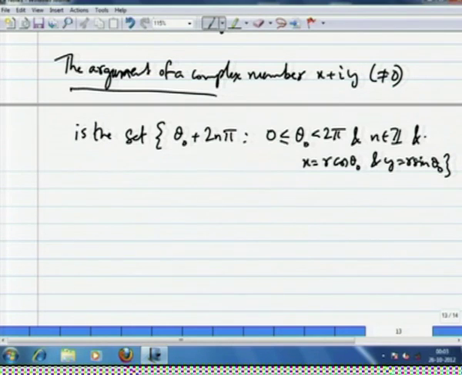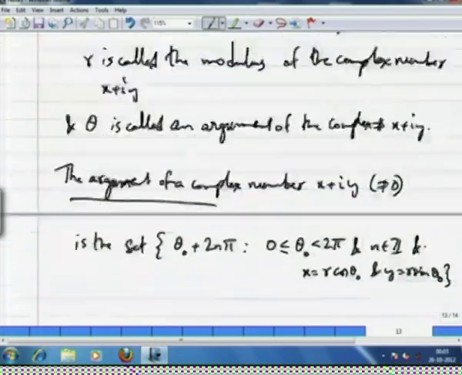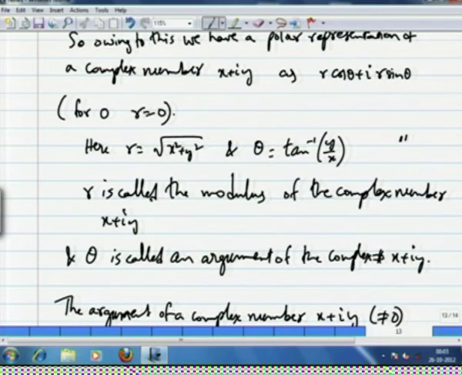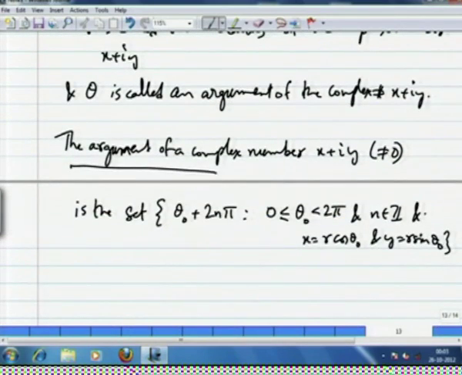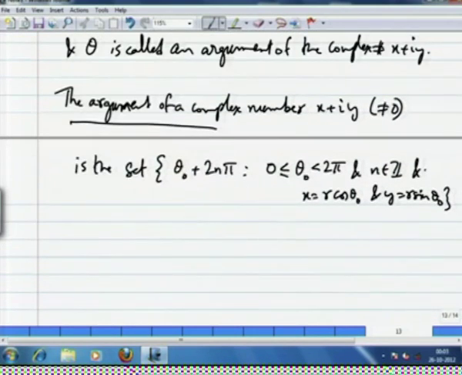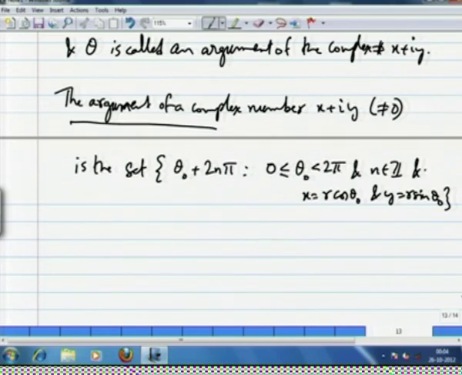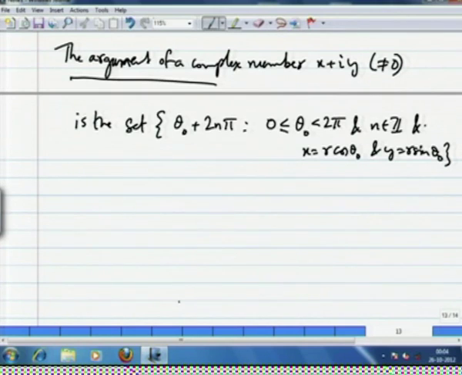Generally when we say the argument of a complex number, we mean this particular set, which is the 2 n pi additions to the angle between 0 and 2 pi, which can be retrieved from the expression tan inverse of y by x, where the complex number is x plus i y. But when we say an argument of a complex number, we pick one value from this set. Also, this many valuedness of the argument, we will see, has deeper consequences.